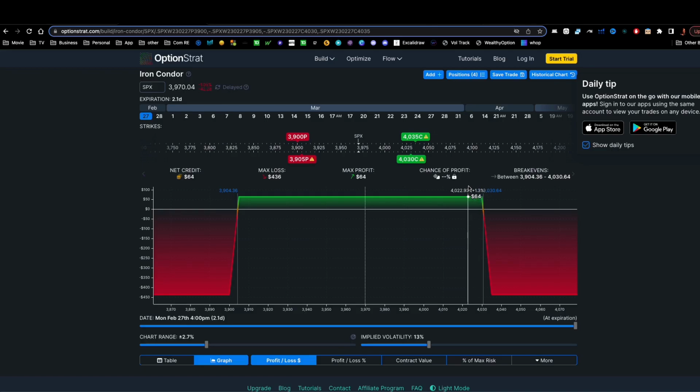And that's why a lot of iron condor traders fail and get taken out a lot of the times, because if it's a good time to sell a put spread, it's a bad time to sell a call spread, most likely, and vice versa. So what we're doing is we're accounting for that by just selling the put spread when it's a good time to sell a put spread, and trying to sell a call spread when it's a good time to sell a call spread.